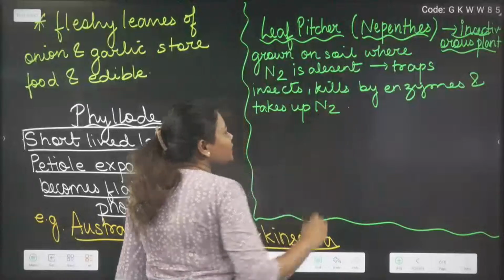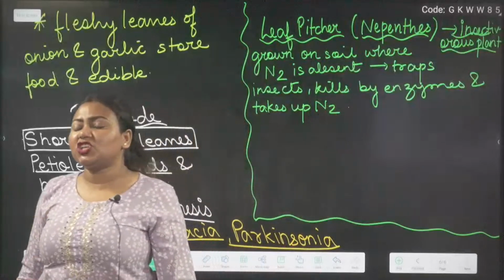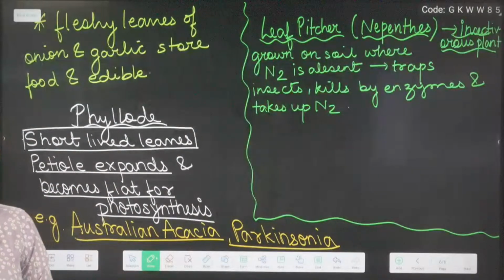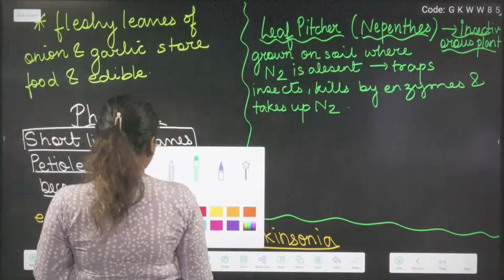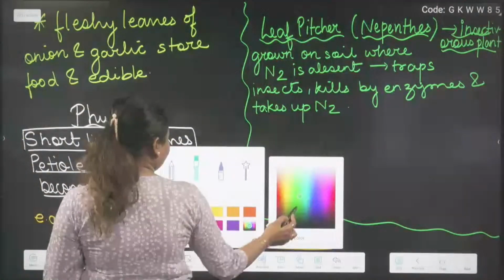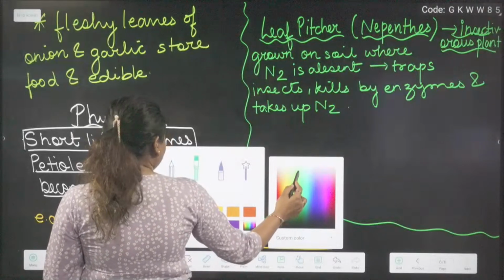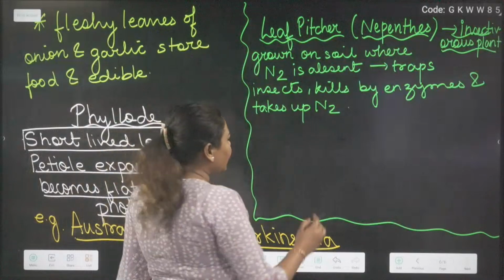So why is pitcher plant looking like that? Venus flytrap, pitcher plant, bladderwort, all these grow in soil where nitrogen is absent. They trap insects and kill them by digestive enzymes to take up nitrogen. Am I clear to everyone? Yes or no? This is your pitcher plant. How does a pitcher plant look?